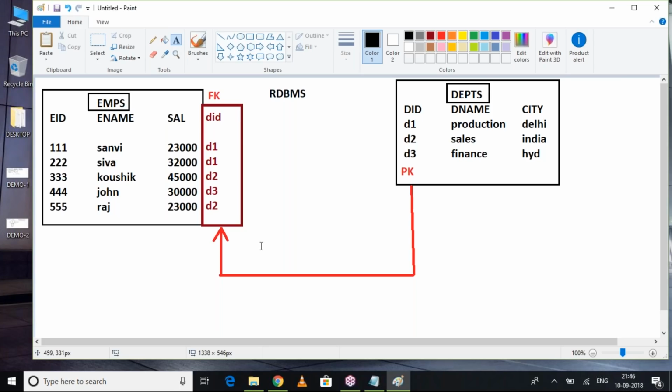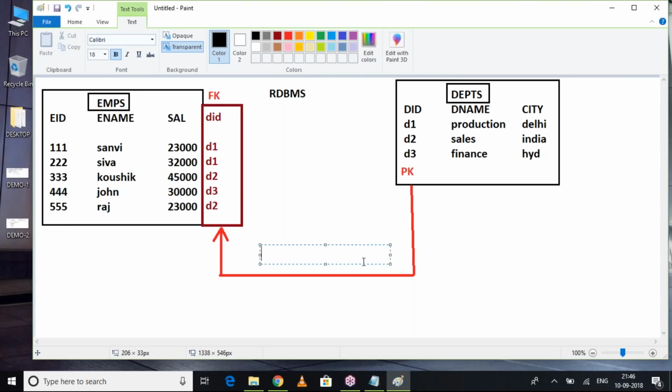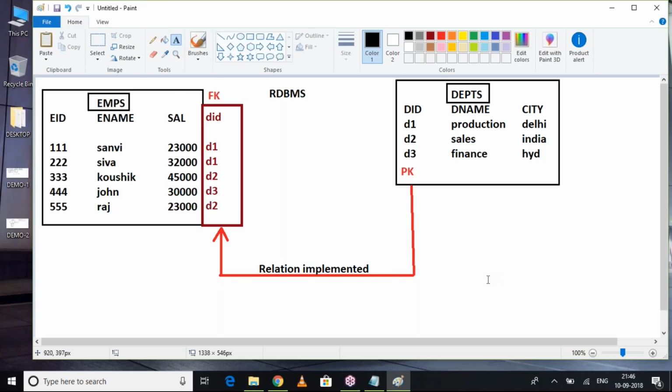Relation implemented, or relation defined. If you define relation, what is the advantage? Now we can fetch complete and accurate data. Before relation, we are unable to fetch.